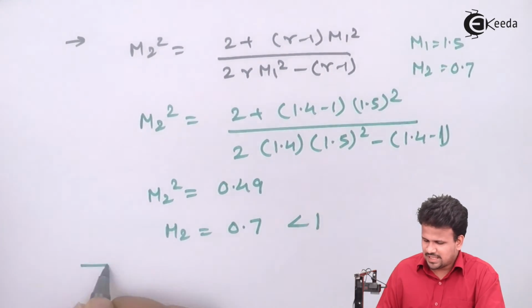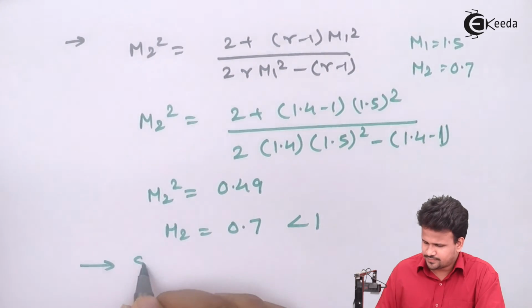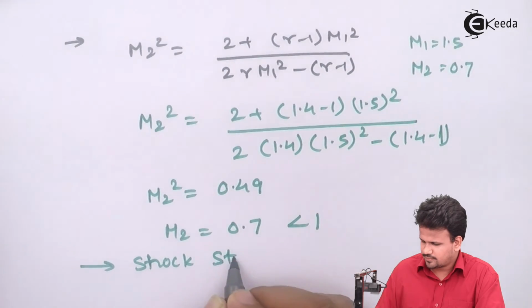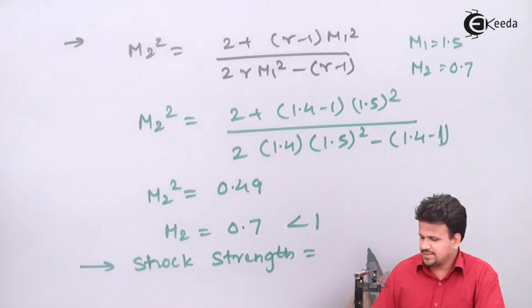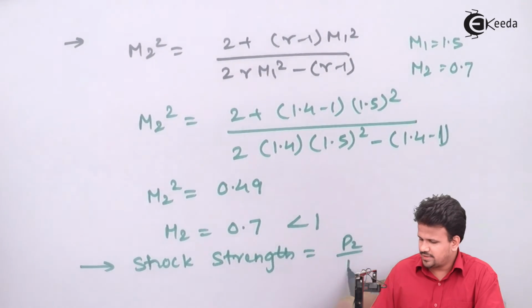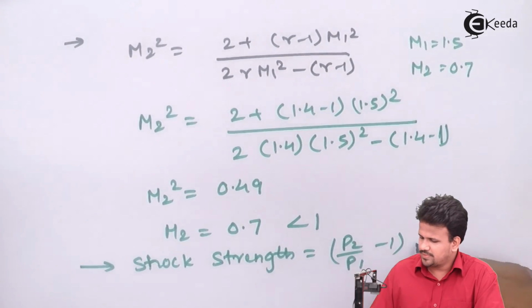Now next, let us calculate the shock strength. The shock strength is given as P2 upon P1 minus 1.